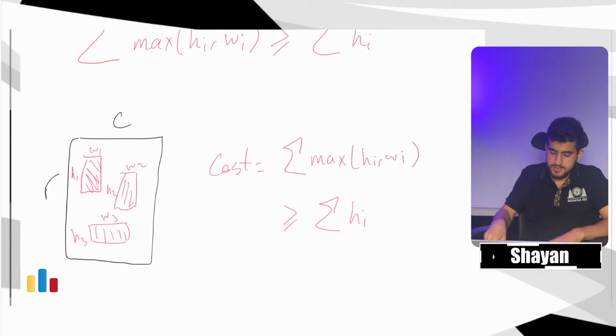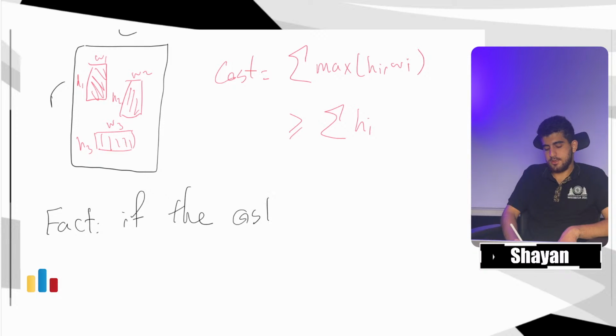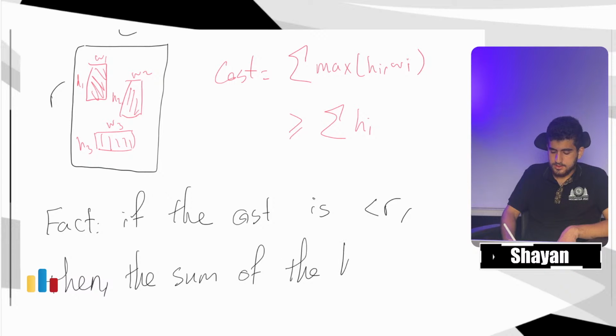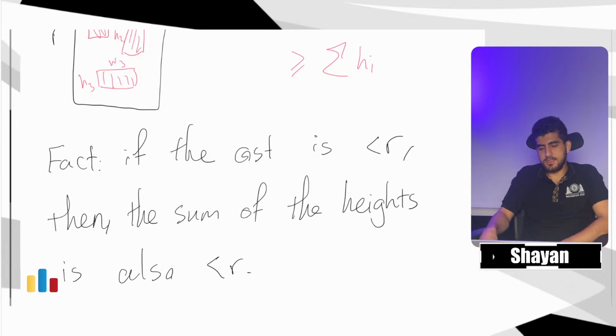So my fact is that if the cost is less than r, then the sum of the heights is also less than r. That's all I'm saying.